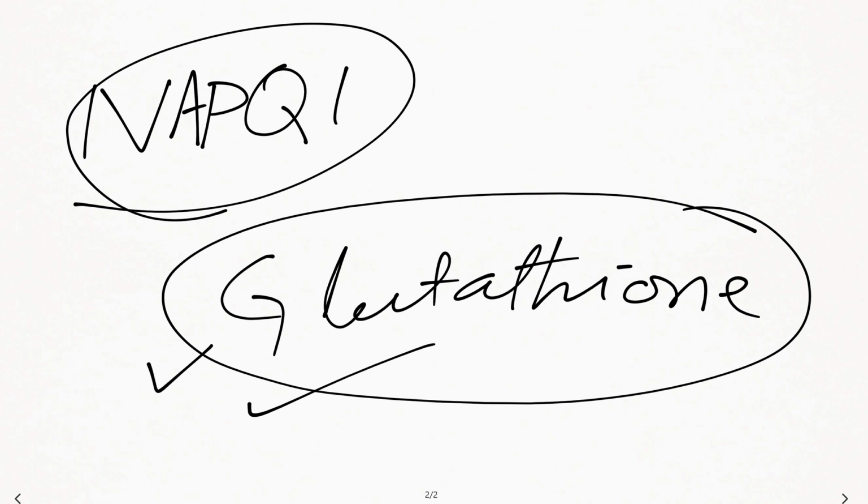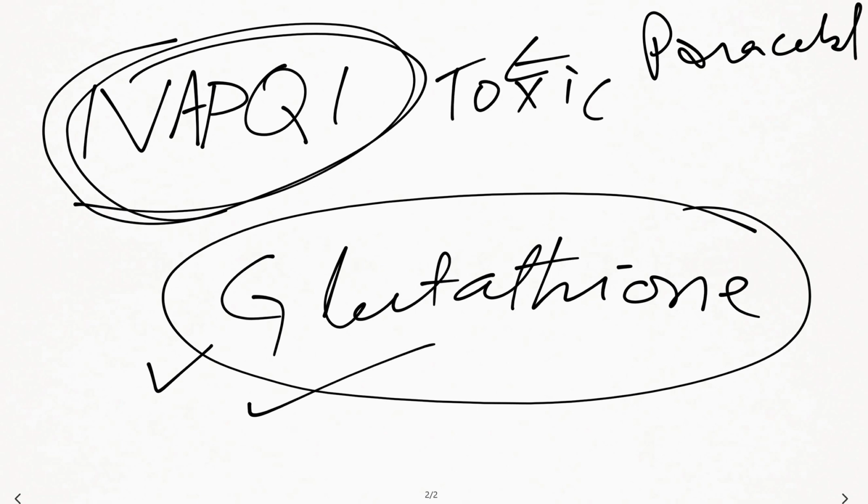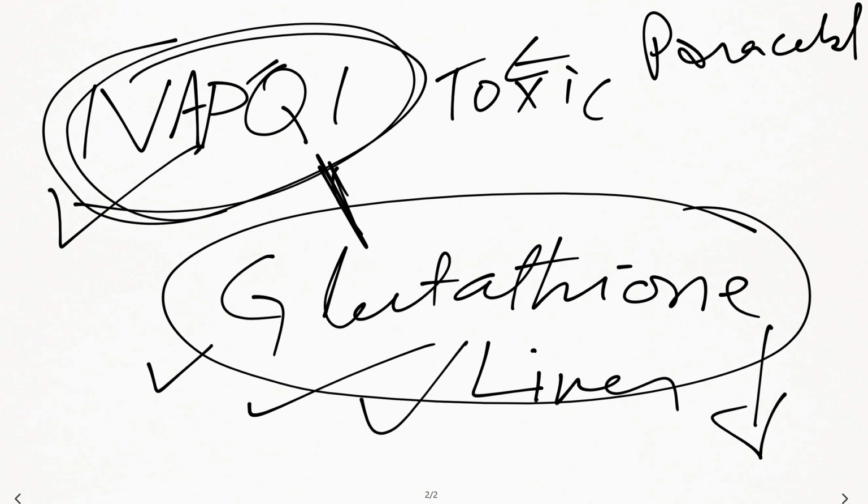So NAPQI, which is a byproduct of paracetamol metabolism, is toxic. This chelation, or this removal from the circulation, is made by glutathione, and glutathione is produced by the liver. So when this metabolite is too much, the glutathione will be finished.